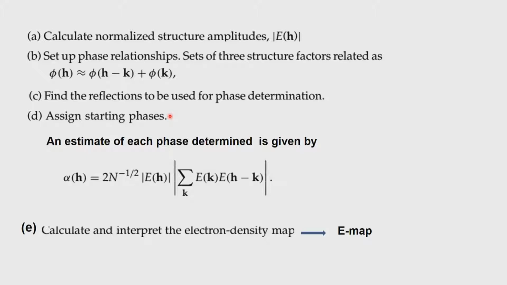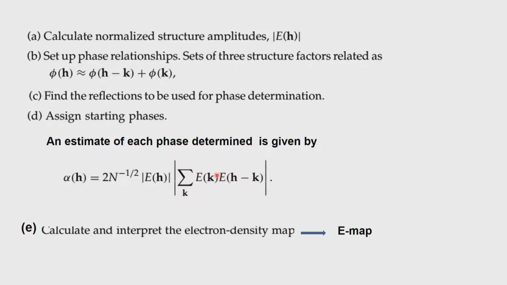Or you take about 20 such reflections, strong reflections, give random phases to them. So use a random number generator and assign phases to them. Compute the E value. That will be wrong anyway. Compute the E map, it will be a junk. So then what you do is you allow this to refine, and you find the newer phases, making use of the fact that we should always have this reliability on the strength of the E value.